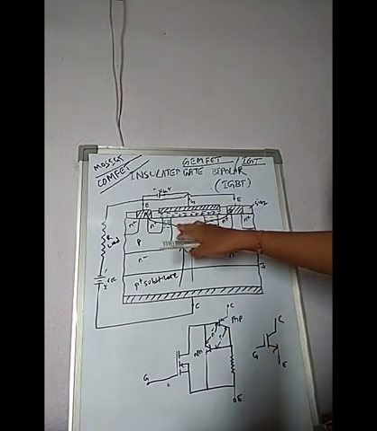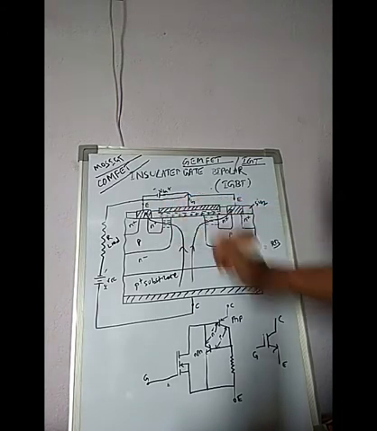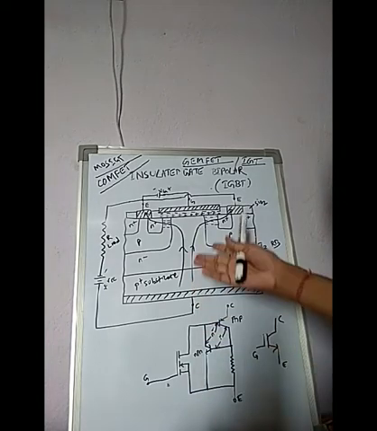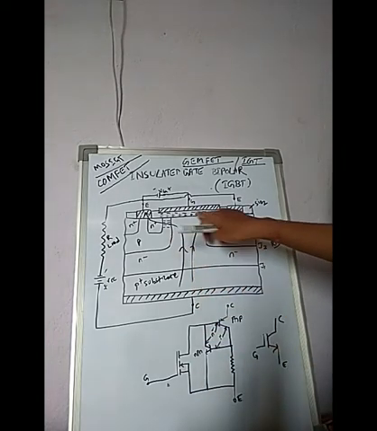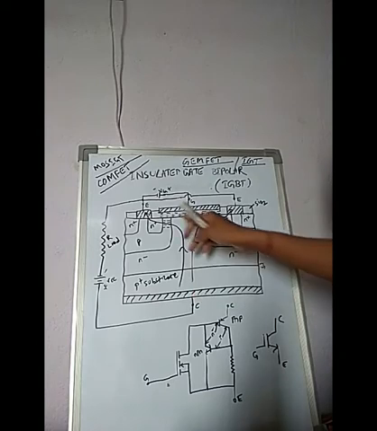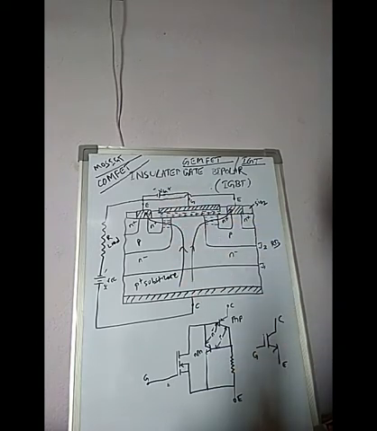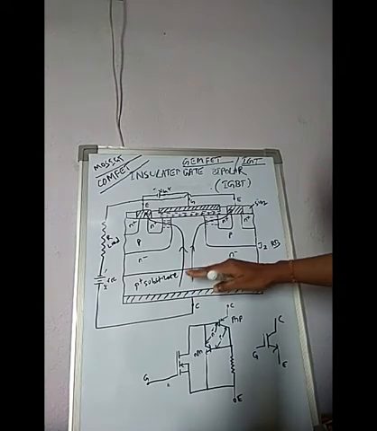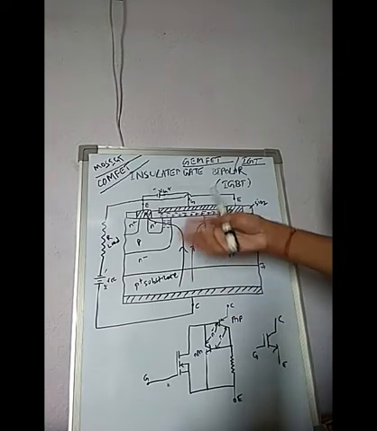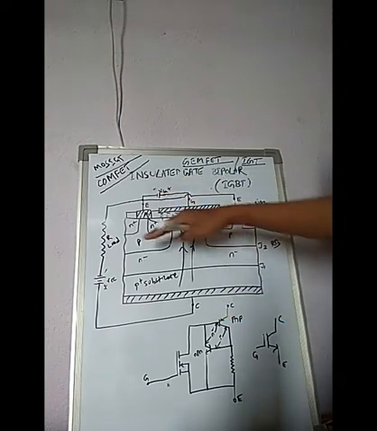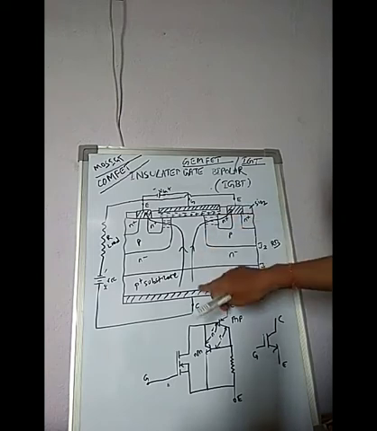Electrons move in the opposite direction of the current, because current flows from collector to emitter.